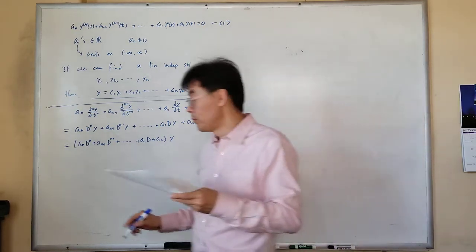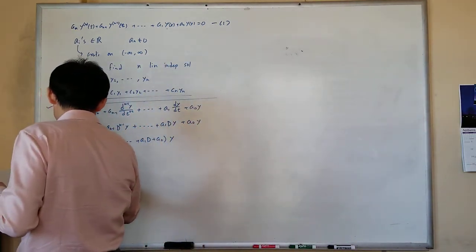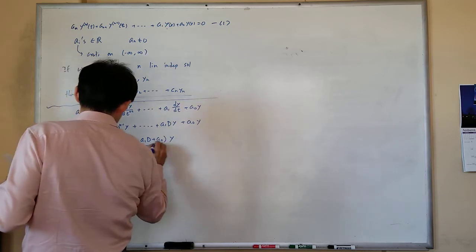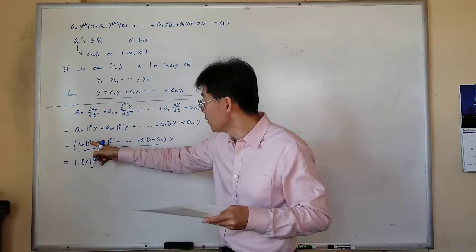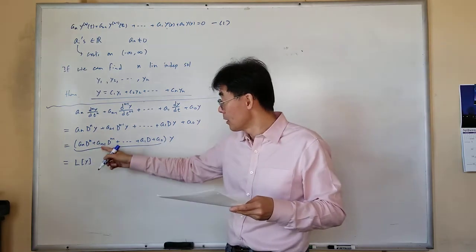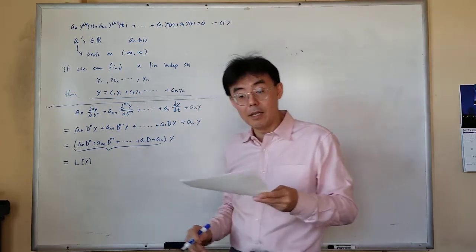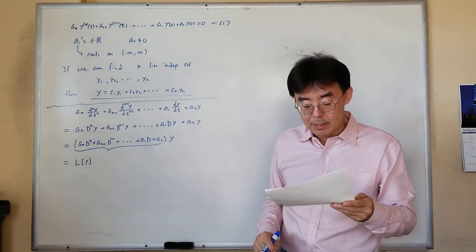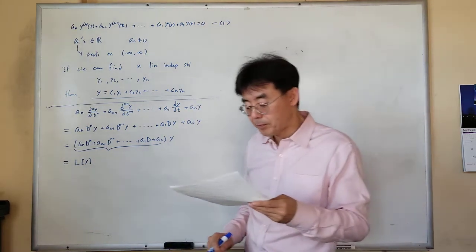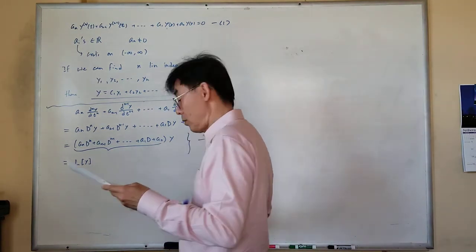Okay? So I'm going to call it L of y. So this linear combination of various orders of the differentiation operator D is called L of y. Okay? So that definition, I'm going to call it 2.